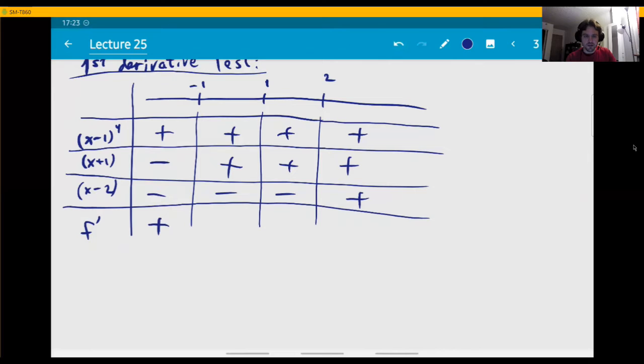The minuses cancel each other. This one has only one minus, giving you a minus. Similarly here. And this one, plus plus plus, gives you plus. So this is the behavior of f prime around each one of those points.